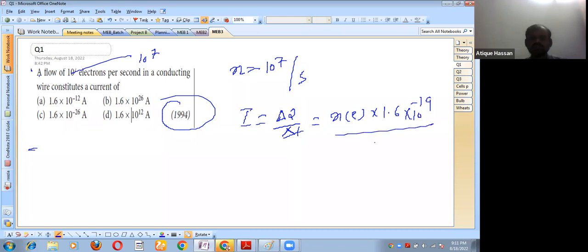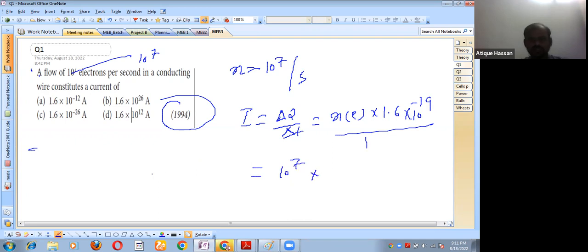This is the charge passing per second, right? So it will be the current. So here, what is 10 to the power 7?